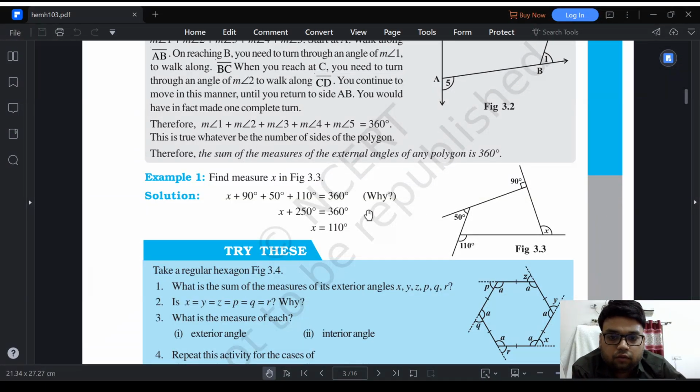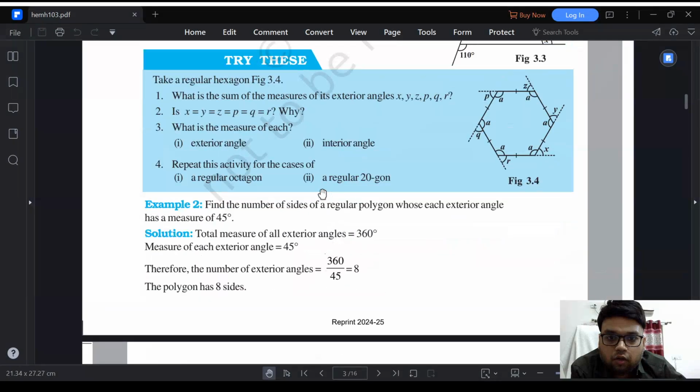Now further they are explaining the interior angle. Sorry, they are questioning with the exterior angle. Firstly, for a regular hexagon, what is the sum of the measure of the exterior angles x, y, z, p, q, r? Are they all equal? If yes, then why are they equal?